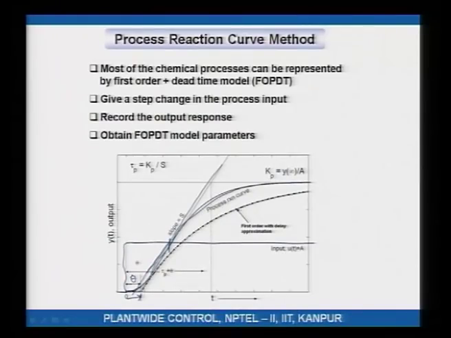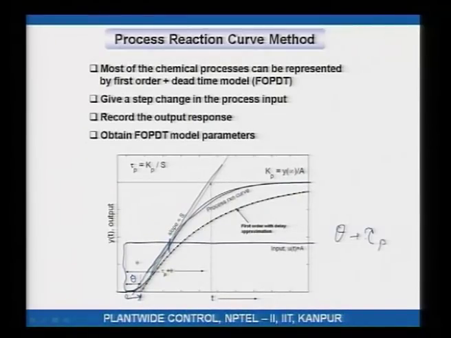This tangent line is extended, and wherever it reaches the final steady state value, which is Kp, the gain of the process for a unit step, you note that time, and whatever that time may be, it is equal to theta plus tau p. So, you know theta from here, and then you say theta plus tau p is equal to this.